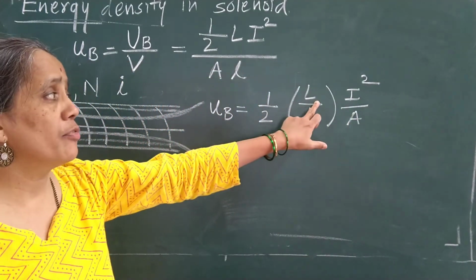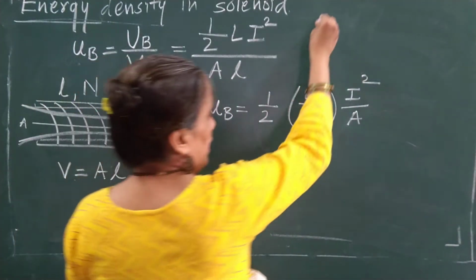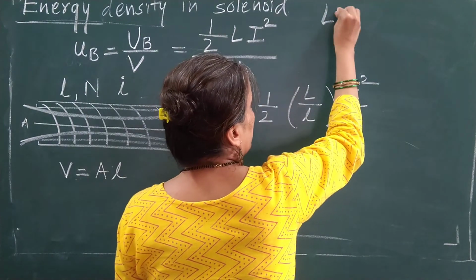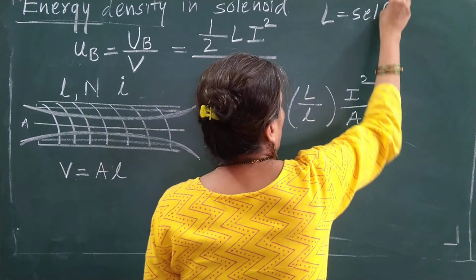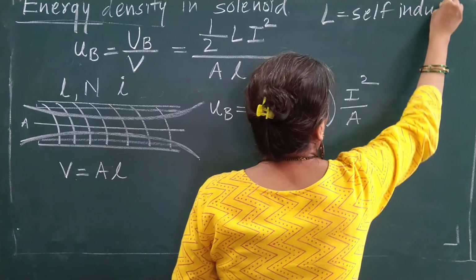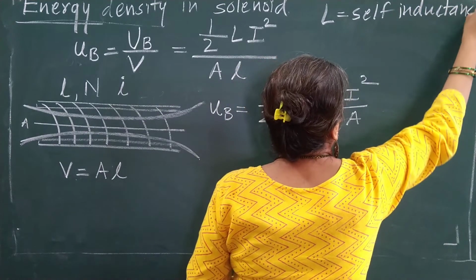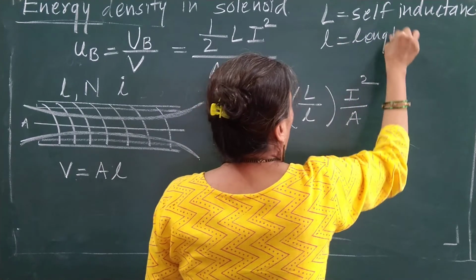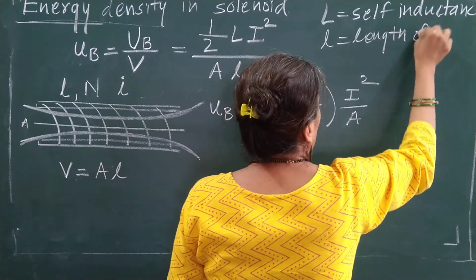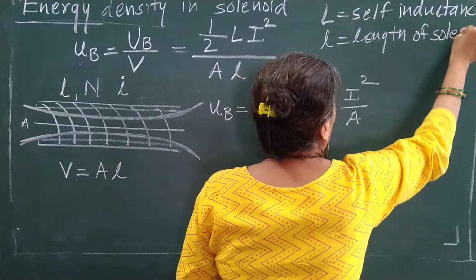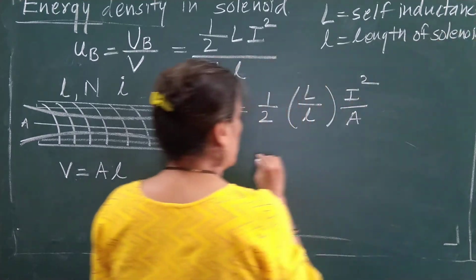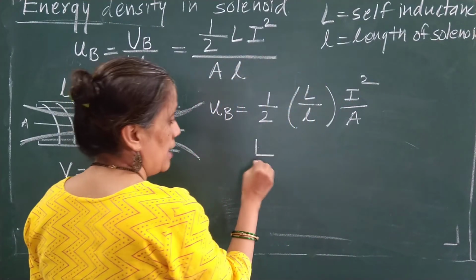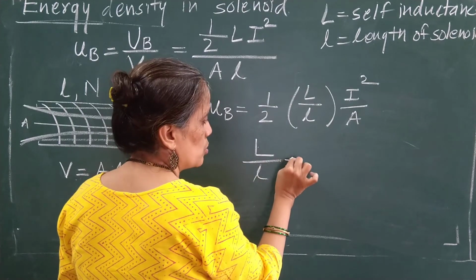Now what is the meaning of capital L here? Capital L is nothing but the self-inductance, and small l is nothing but the length of the solenoid. In the previous lecture, we have seen the self-inductance per unit length of the solenoid.